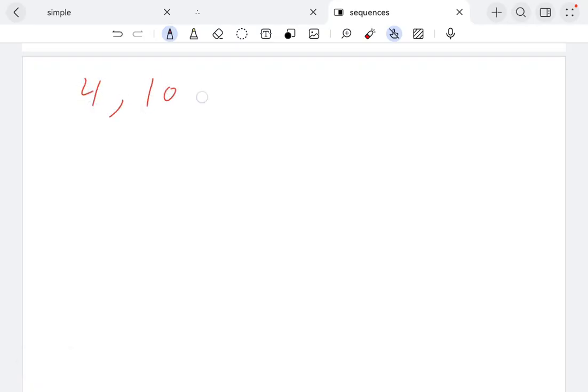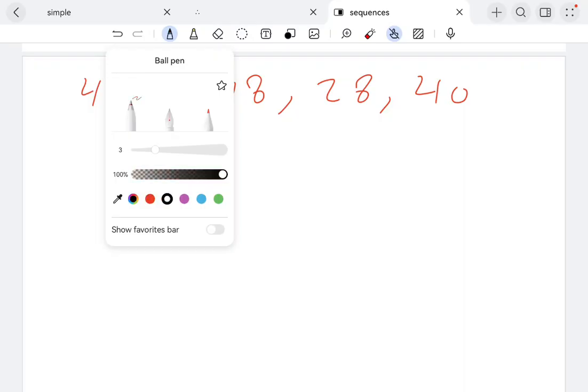Let me add one more example. 4, 10, 18, 28, 40. That's the sequence that we have, and we need to get the nth term.